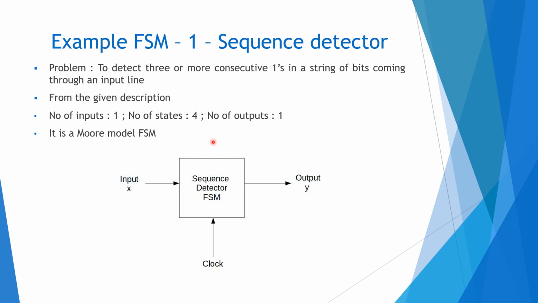So there are 4 states in total, and it remains in the last one if more 1s keep coming; otherwise if there is a 0 it goes back to the first state. That is the logic, and this is a Moore model FSM, because the output is not a function of the input value. It depends only on the state, so when it reaches the fourth state, the output becomes 1. That's why it is a Moore model FSM.